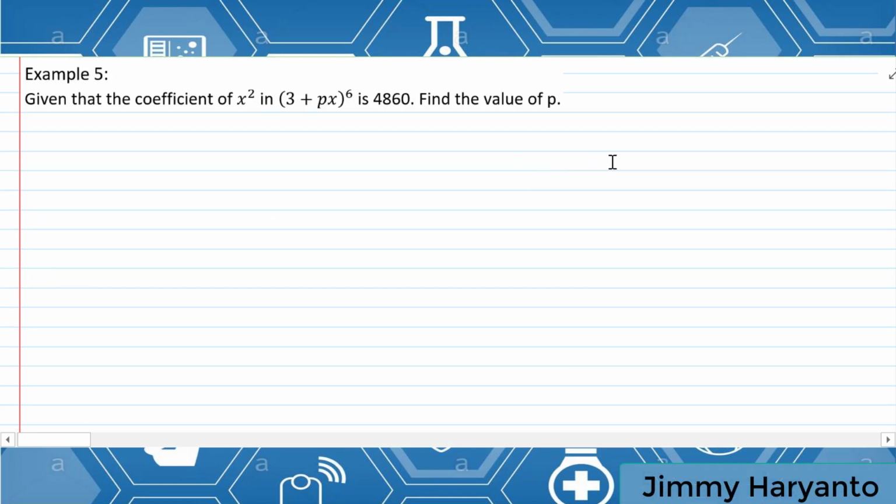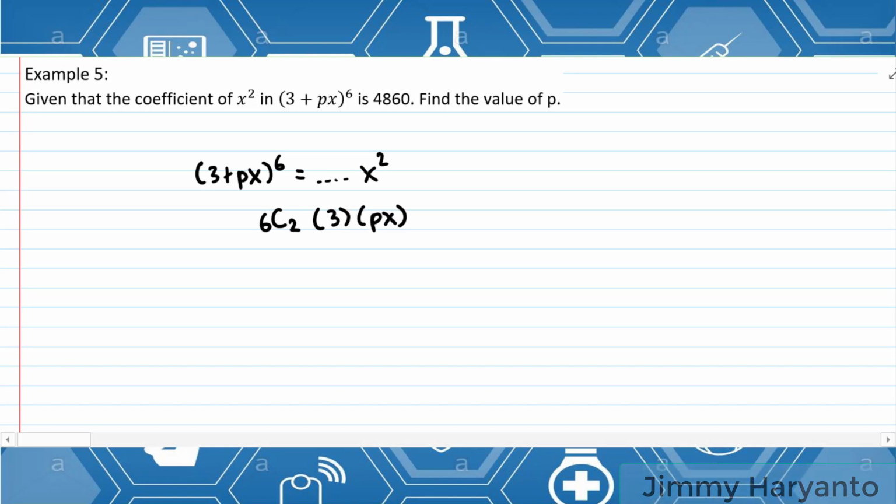Next, given the coefficient of x squared in 3 plus px to the power of 6 is 4860, find the value of p. So 3 plus px to the power of 6. The question wants us to find the coefficient of x squared. It will become 6C2 and then 3 to the power of 4 and then px to the power of 2.